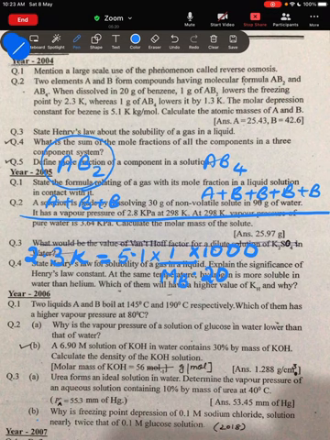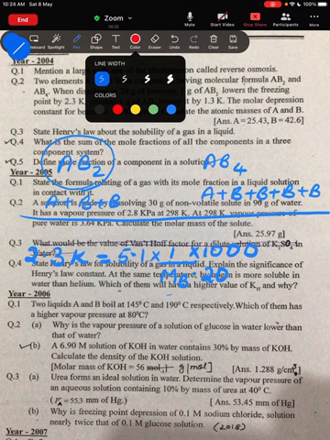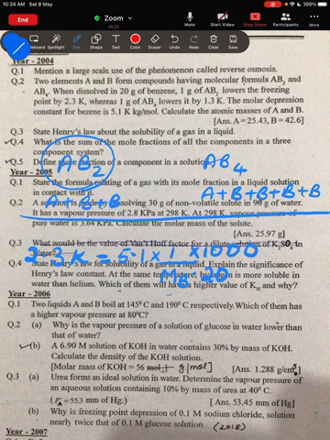Similarly, you will be calculating the molar mass of AB4. So here it is written, 1 gram of AB4 lowers the freezing point by 1.3 Kelvin. 1.3 is equal to, again it is benzene, so 5.1 is the same, 1 gram divided by its molar mass.